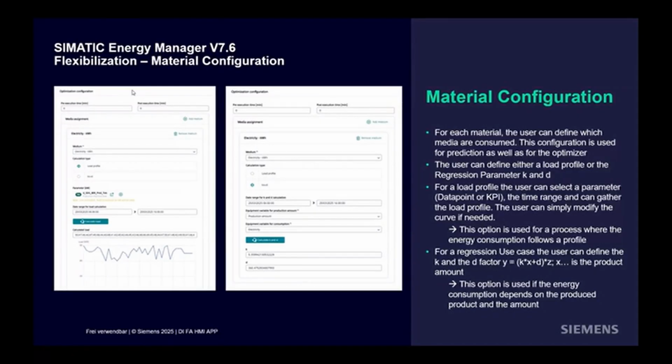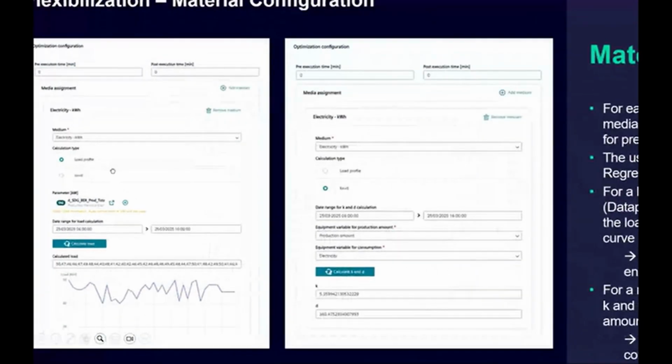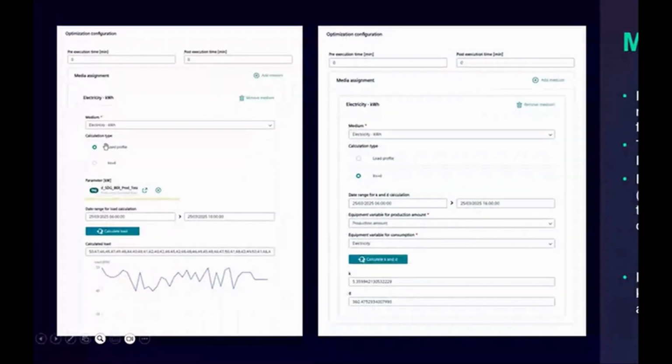And as I told you, for sure, you have to analyze the product, the material, before, with the batch analysis, so that you get out, for example, a load profile, as you can see here. So this will be one possibility to implement or upload a load profile from the past from that production. For example, in our soft drink factory, filling line 1, every 50 minutes, a typical load profile.